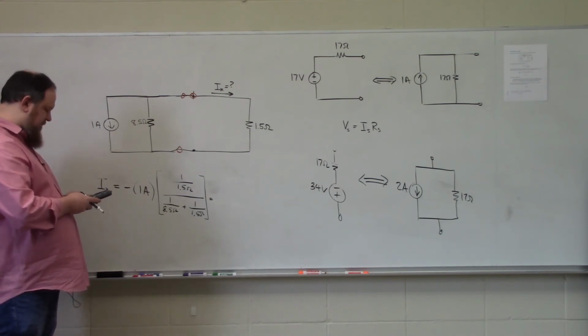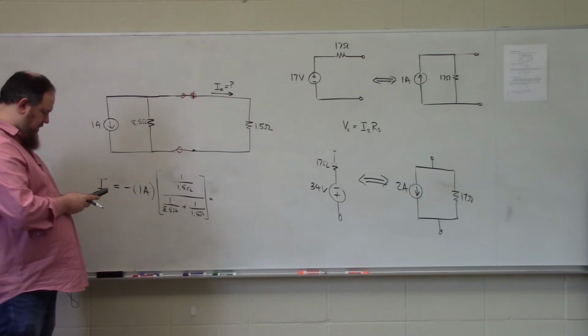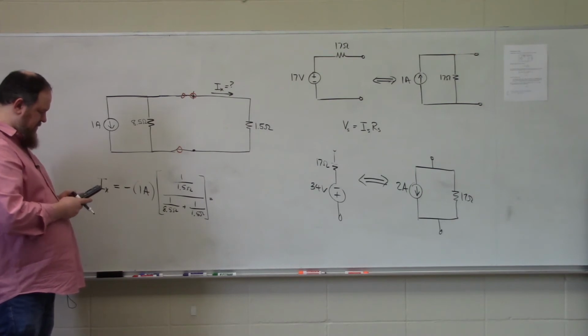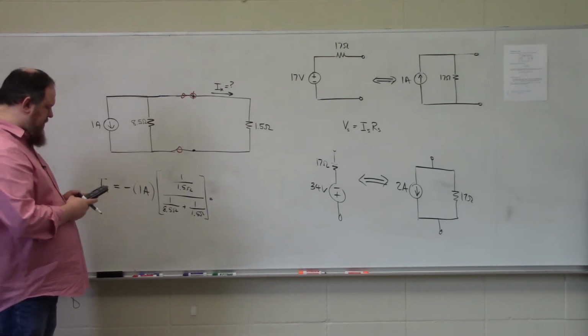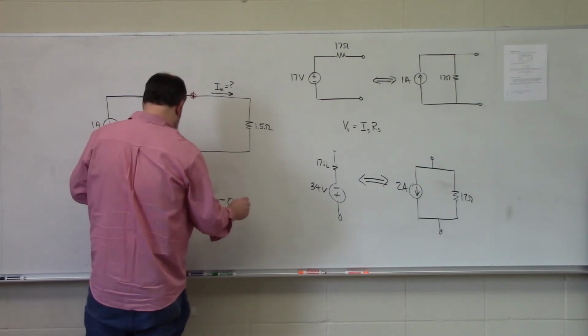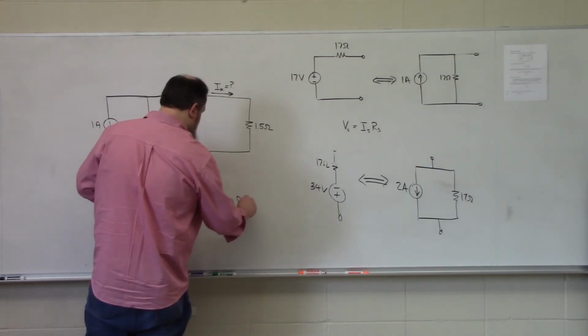Negative 1 times 1 over 1.5, 1 over 8.5 plus 1 over 1.5 gives us negative 0.85 amperes.